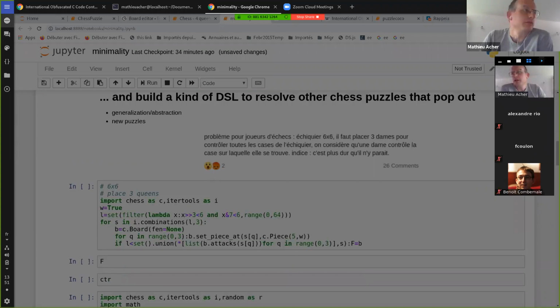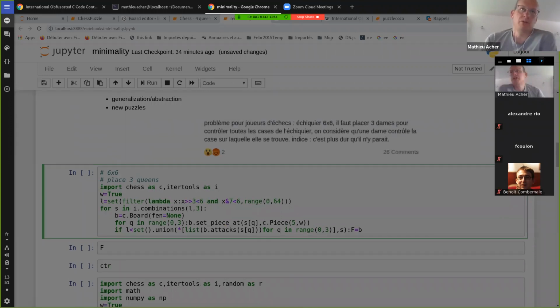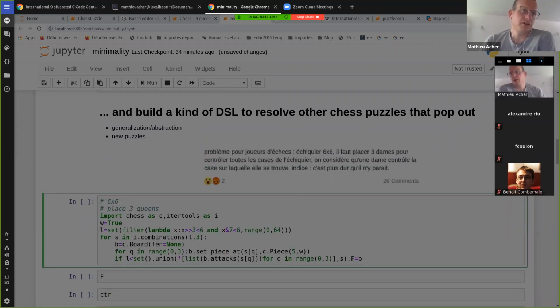Okay, so here, what's challenging is that the Python chess library was not designed for handling the chessboard 6x6. It's designed for real chess games, so it's designed for chessboard 8x8. So you have to hack a bit and have some filters to remove some cases here.